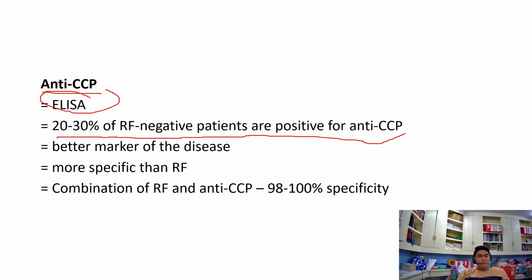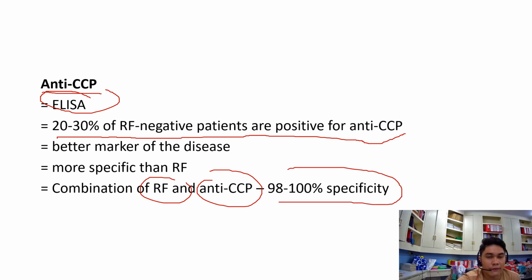Now, the better marker for RA is your anti-CCP because it's more specific than RF. And if we combine RF and anti-CCP, it will increase the specificity of the testing to 98 to 100%.